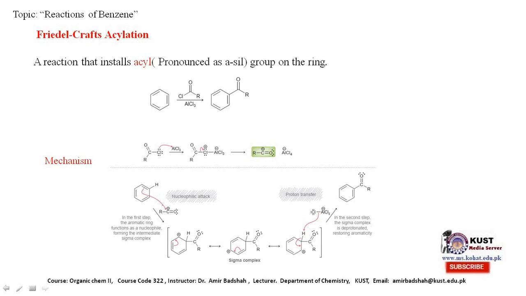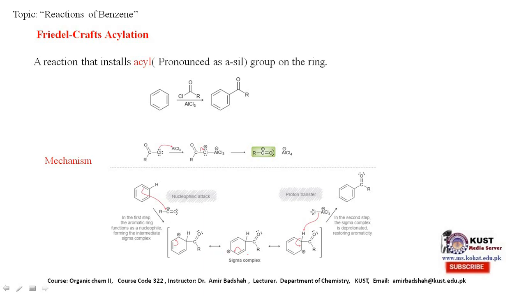Then this acyl group is attacked by the benzene, which acts as a nucleophile, and this group acts as an electrophile to form a pi complex, and then the pi complex is converted into a sigma complex. In the sigma complex, there is a proper sigma bond between the electrophile and the carbon of the benzene ring, and along with it positive charge is formed on the adjacent carbon.